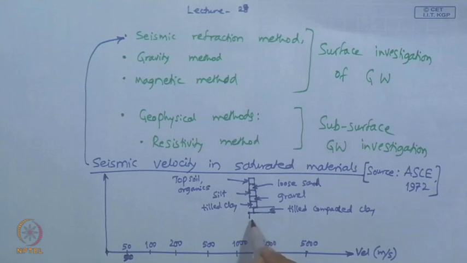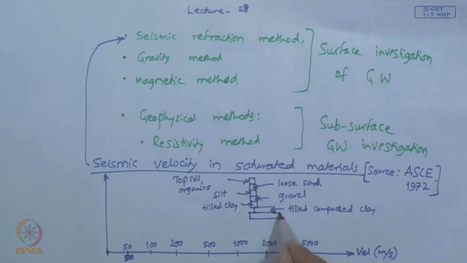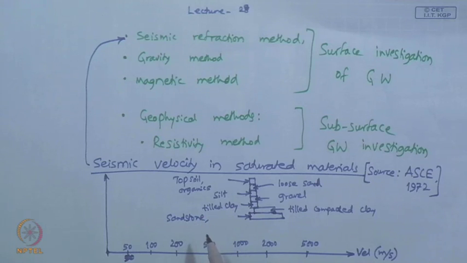It will have the lower range of velocity in the same range, and it will have the higher range, which is even higher than that for tilled compacted clay. So, this is for sandstone and conglomerate.